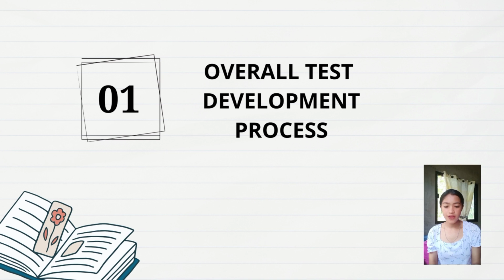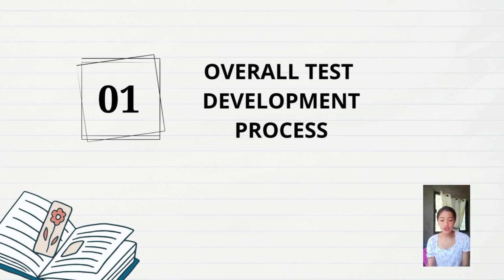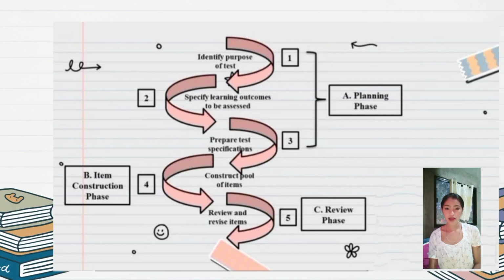First is the overall test development process. The process of test construction for classroom testing applies the same initial steps as the construction of any instrument designed to measure a psychological construct. As you can see, Illustration 7.1 illustrates these common steps shared by various authorities.